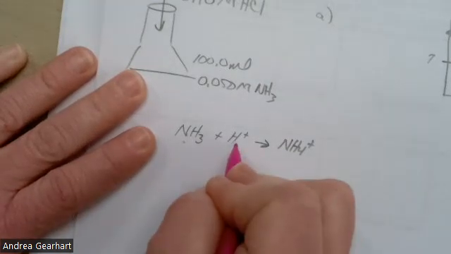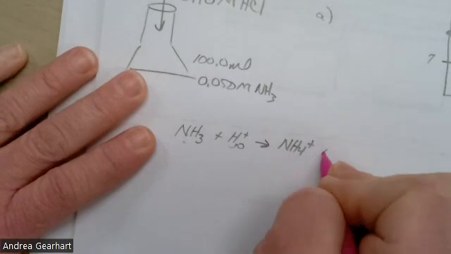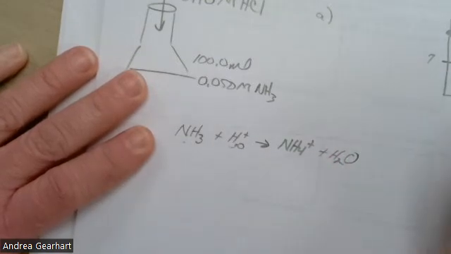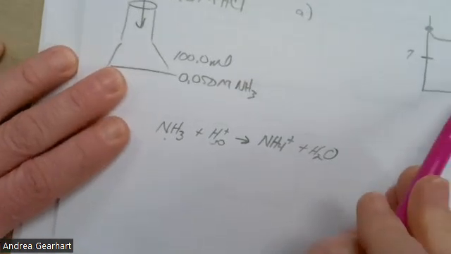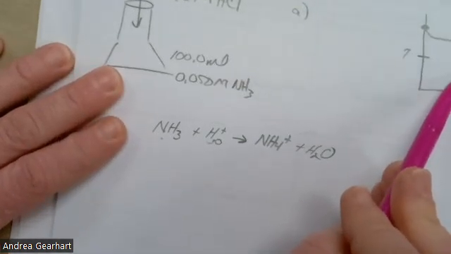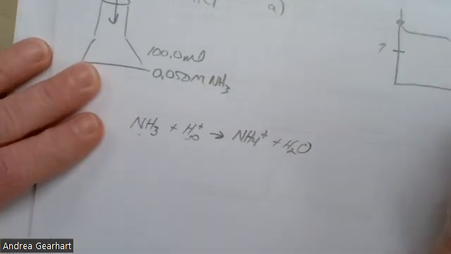Water. Water starts there, making more. But what is responsible for the pH? The conjugate acid.